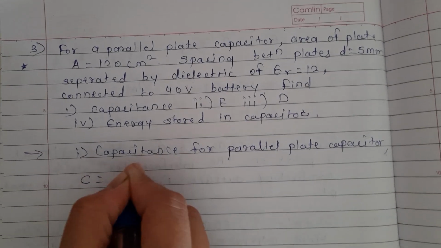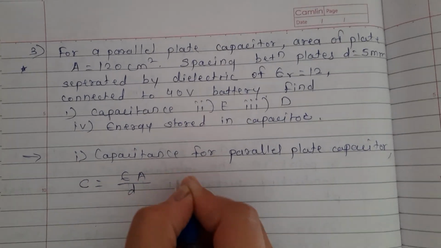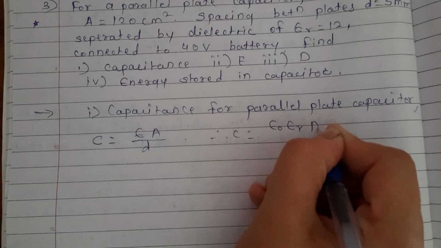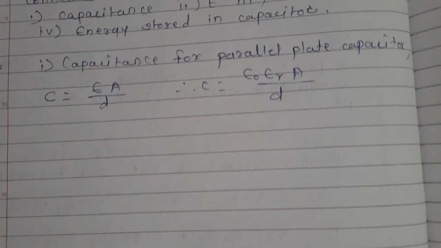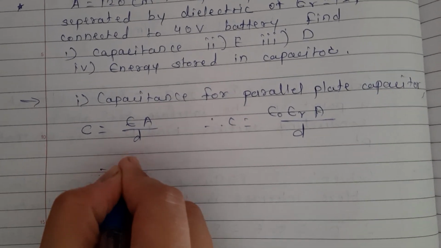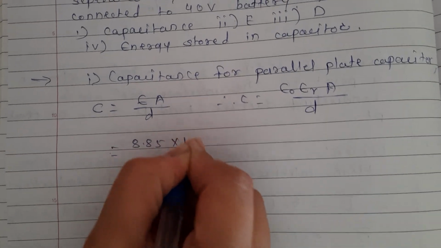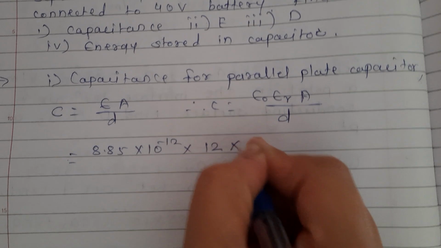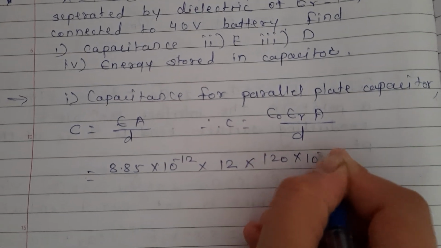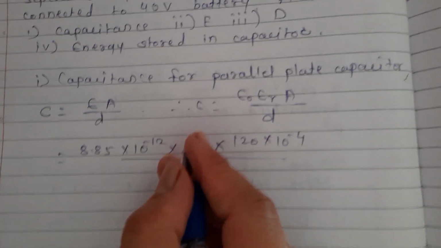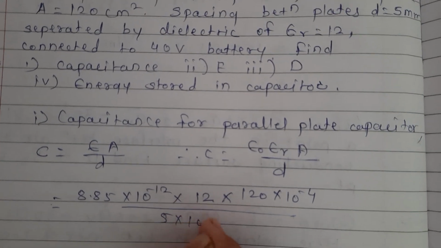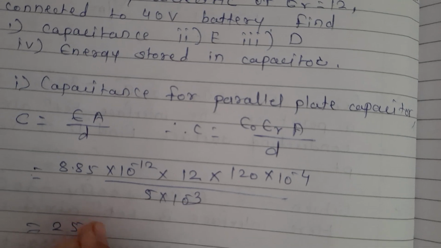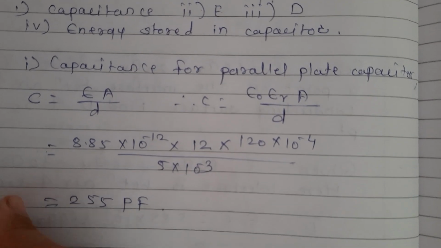It is C is equal to epsilon A by D. So C is equal to epsilon 0 epsilon r A by D. It is 8.85 into 10 raised to minus 12, epsilon r is 12, area is 120 into 10 raised to minus 4, divided by D, 5 into 10 raised to minus 3. So the answer of this is 255 picofarad.